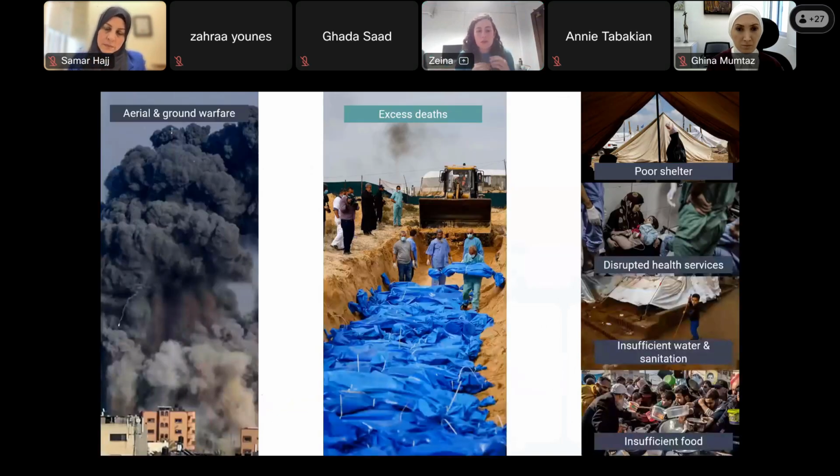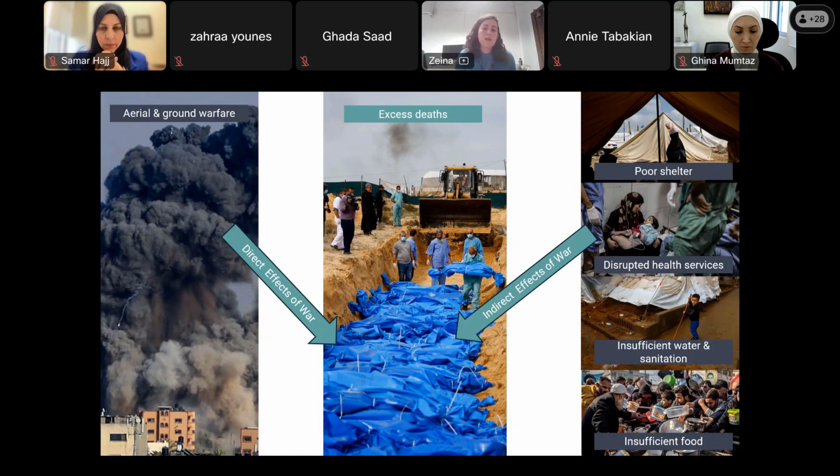As we know, people in wars die because of aerial and ground invasions and attacks, but also because you have poor shelter, disruption of healthcare services, and insufficient water and food. The increase in acute malnutrition that we've seen in Gaza can lead to the indirect effect of the war and excess mortality.